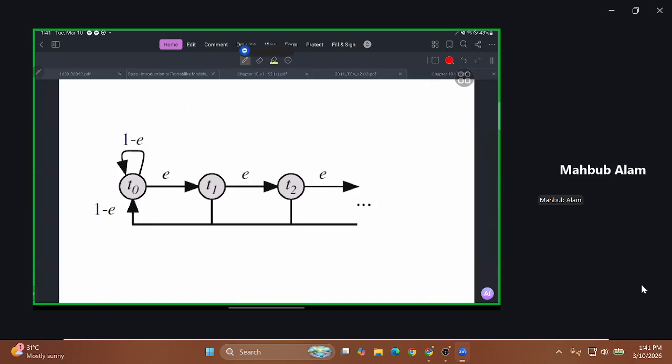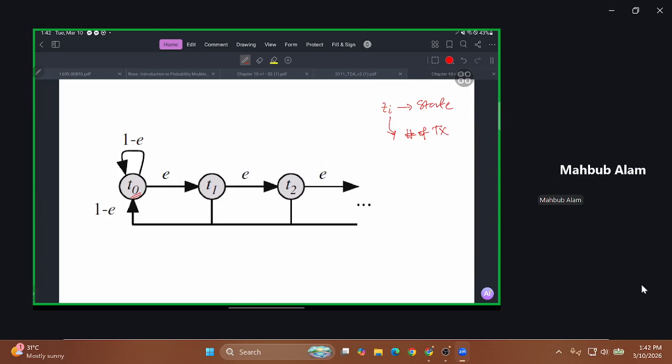Since we have unlimited scope for retransmitting a packet, here T0, actually Ti, represents the states, where i represents the number of transmissions already taken before.